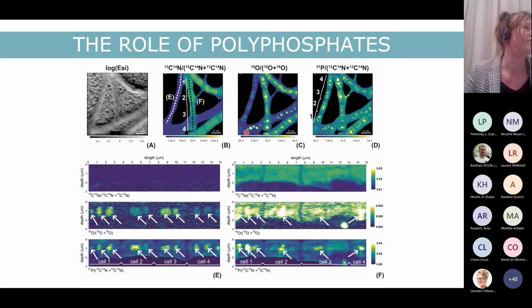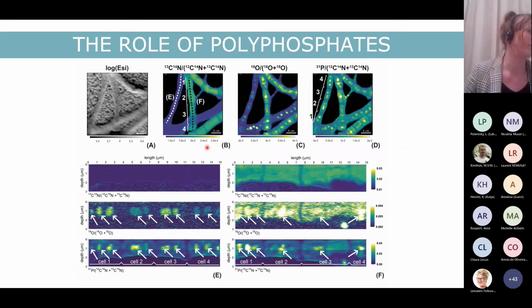And here you see the corresponding 18O atom fraction and the relative phosphorus content of these cells. And as you can see, there's a clear correlation between the phosphorus content and the 18O labeling, where the 18O labeling shows that these polyphosphate inclusions were partly synthesized during the incubation.